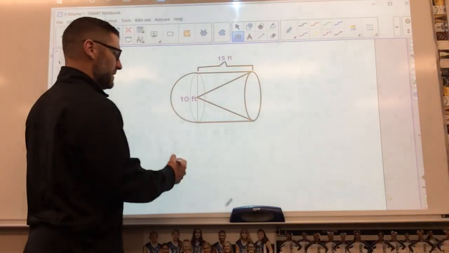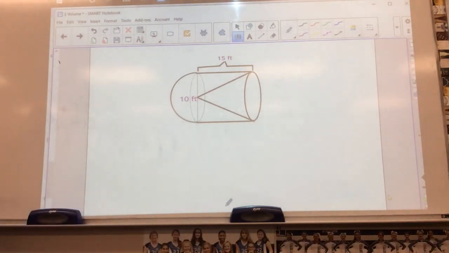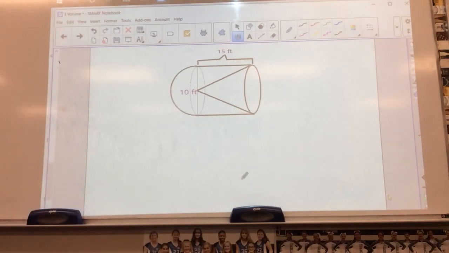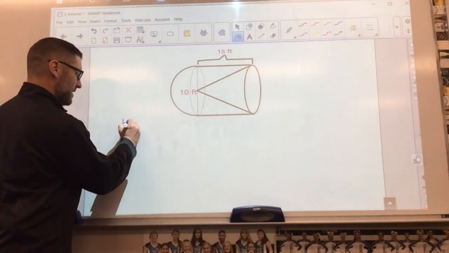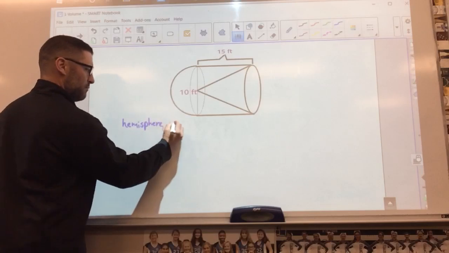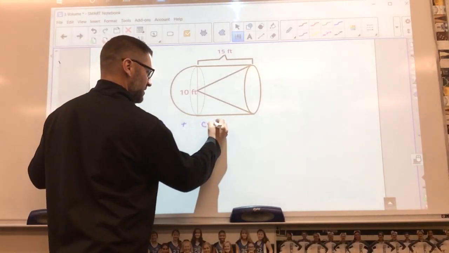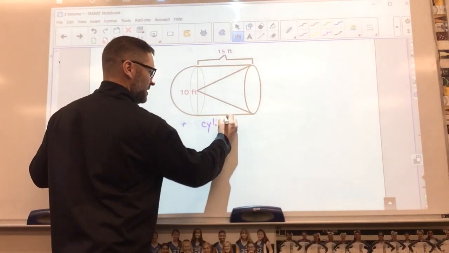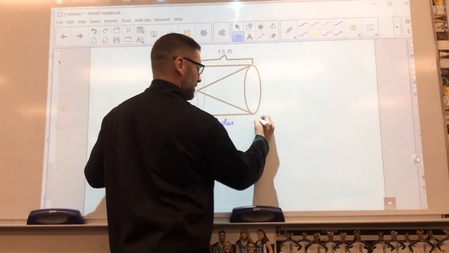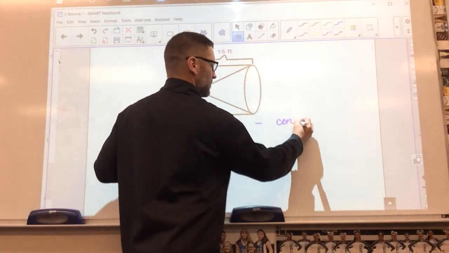So that's the formula that I'm going to write, and I'm going to write a very general formula for this. I'm going to write it as hemisphere plus cylinder minus the cone.